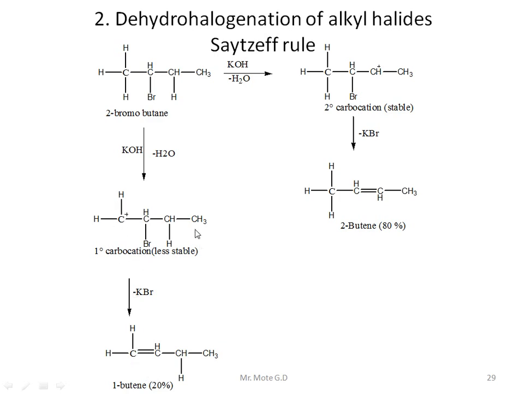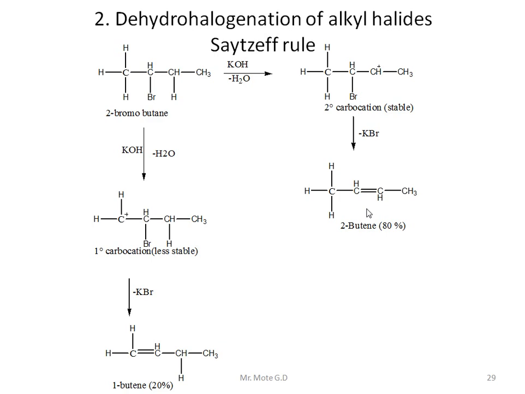So formation of a primary carbocation is less stable. When we have treated 2-bromobutane with KOH, removal of the hydrogen atom from this will produce a secondary carbocation, and the secondary carbocation is more stable, and again removal of the bromine atom from this forms 2-butene, and 2-butene is the stable product, and we are getting 80% 2-butene.